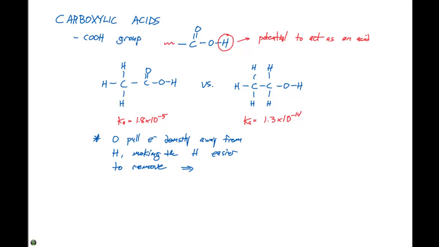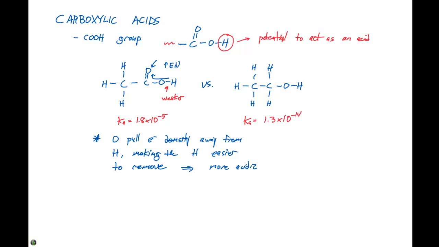If the H plus is easier to remove, this makes this more acidic. Okay, so the fact that we have this oxygen right here, which has a very high electronegativity, it kind of pulls this electron density over towards it, and then this OH bond becomes weaker.